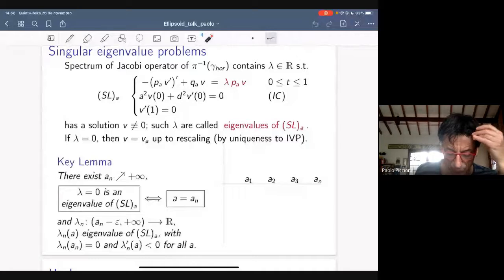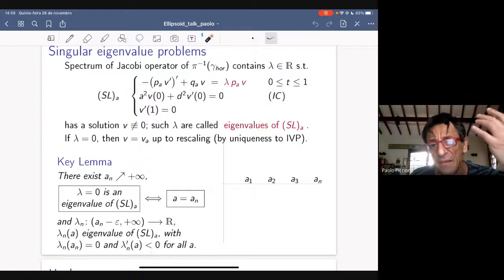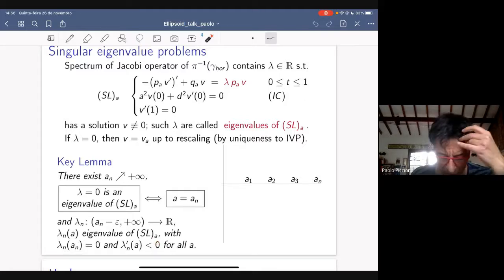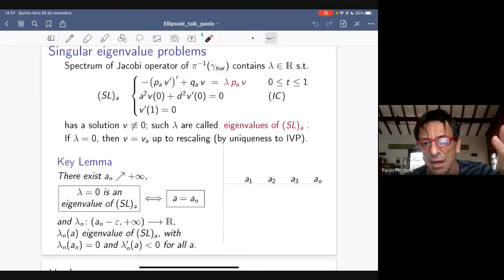And then we also prove that the derivative of the nth eigenvalue at the point where it becomes 0 is always negative. And this is basically the transversality assumption in the Crandall-Rabinowitz theorem. So lambda equals 0 is an eigenvalue, and lambda prime of 0 is different from 0, for some value of a, this gives bifurcation at a.